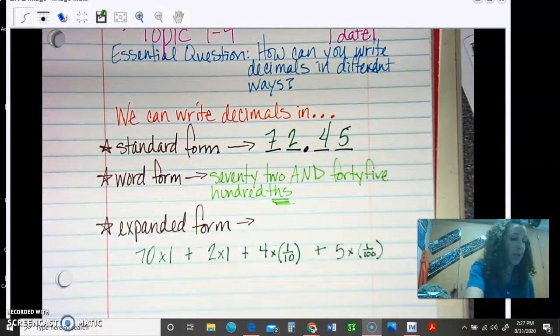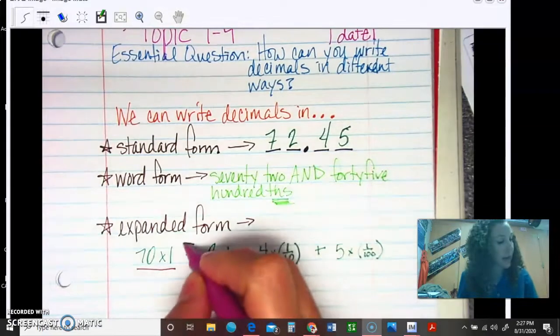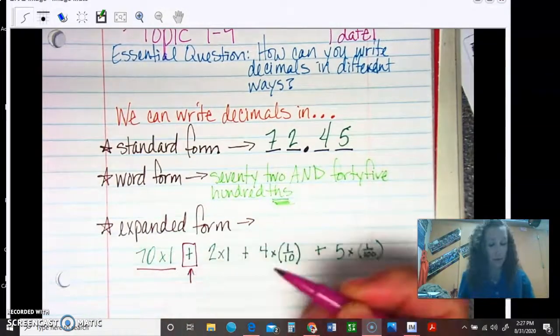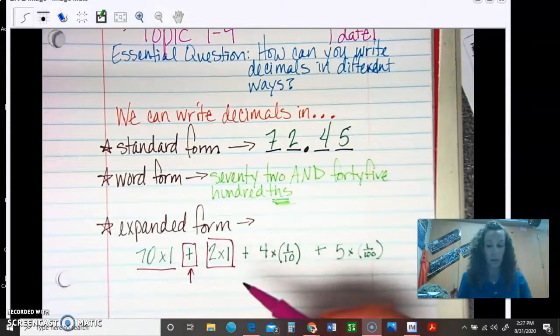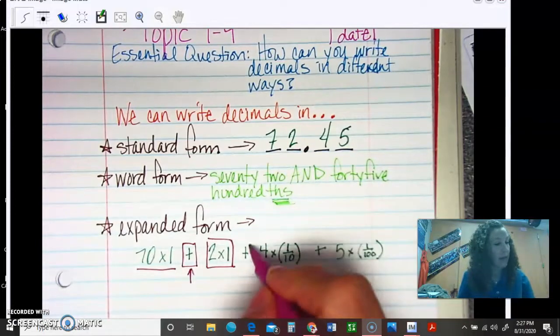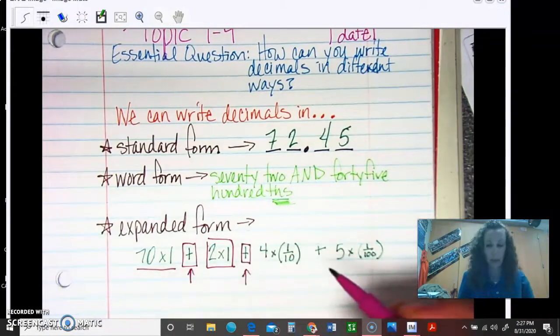So pay attention. We've got the first digit. And then we add to it our next digit. Okay? And then we add to it, oh, I should have underlined that, the next digit.